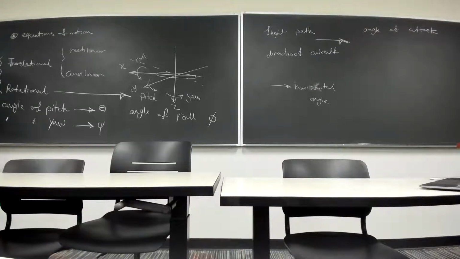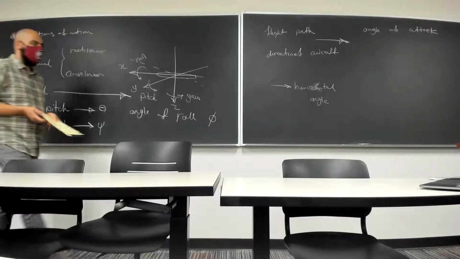You can have an angle of attack when you are in a cruise condition, right? It doesn't have to be during roll or pitch. So would that be when you have a velocity in the direction of the flight path, but then you're trying to accelerate in another direction, right before your velocity vector changes? Would that be when you have that horizontal angle?